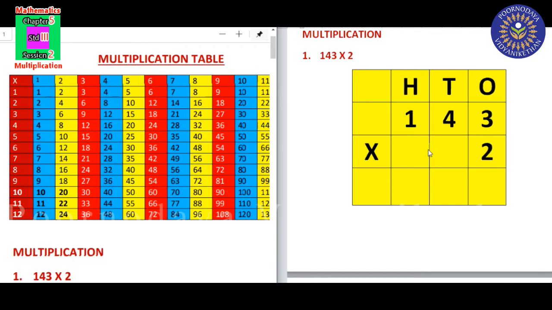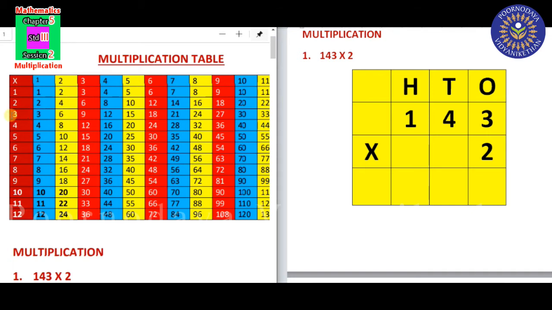See here, by using this multiplication grid, how can we multiply this 3 and 2? In the first column you have to check. In the first column you have to take 3, and from the first row 2. 3 into 2, 6.